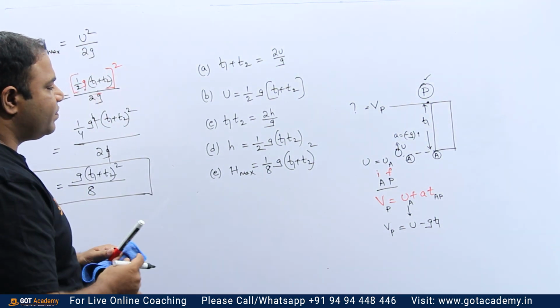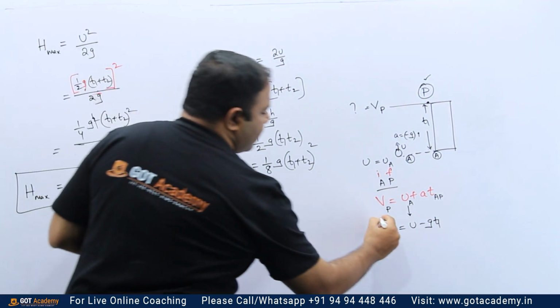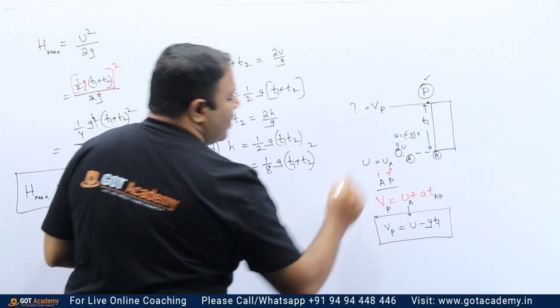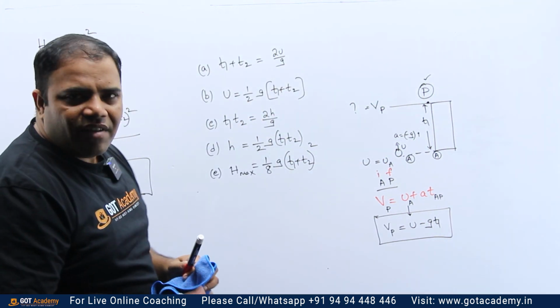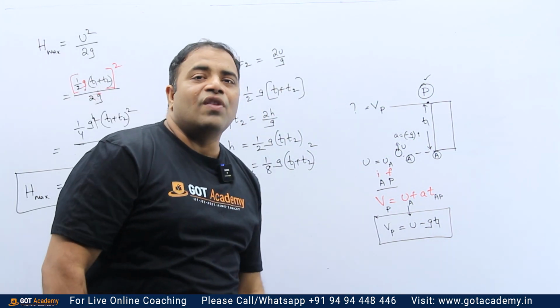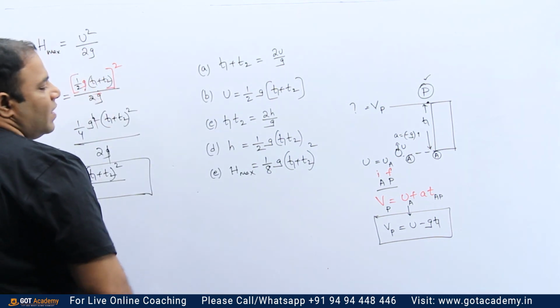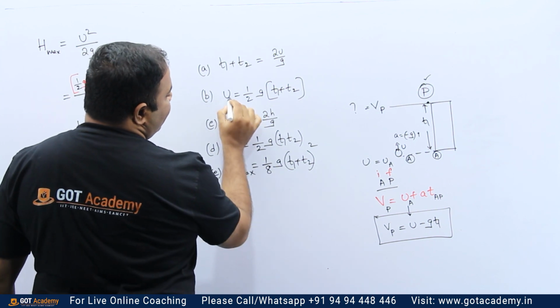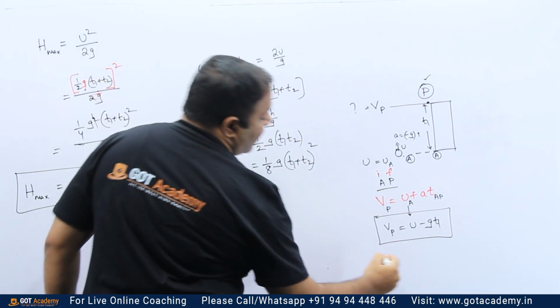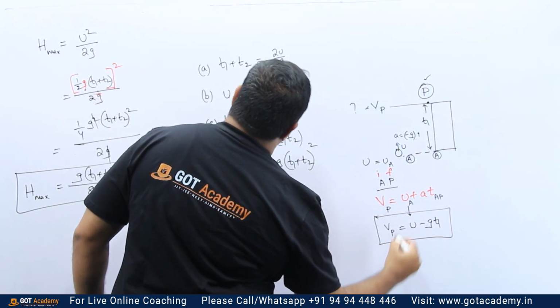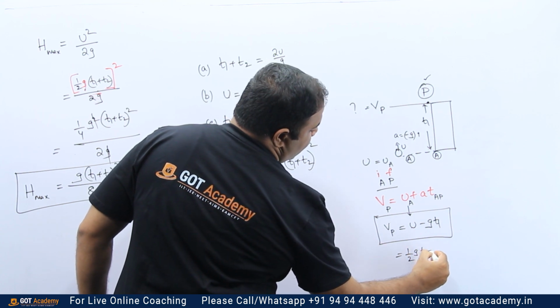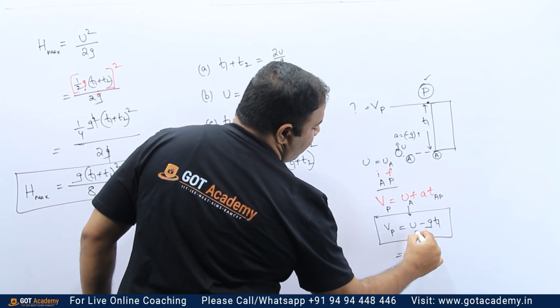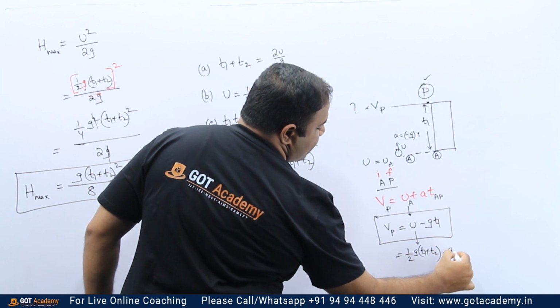So how to find out? This is sufficient, but in the multiple choice given, you don't have this answer. So what you will do? It will be in T1 and T2. So I have to take this u and substitute here. That is half g (T1 plus T2), this is the value of u, minus g T1.